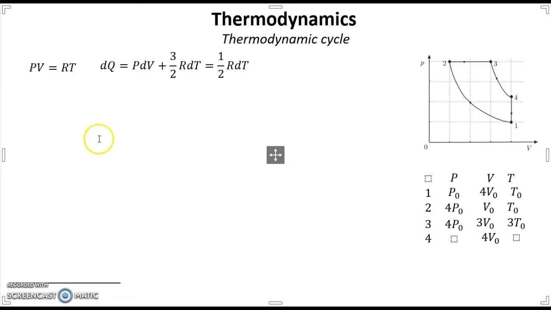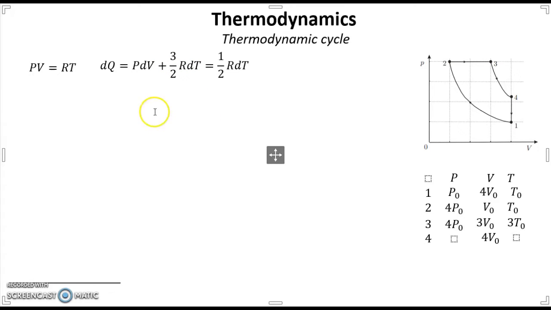The amount of heat applied to our gas equals the work done by the gas, which is P dV, plus the change of internal energy of the gas, which is 3 over 2 R dT.